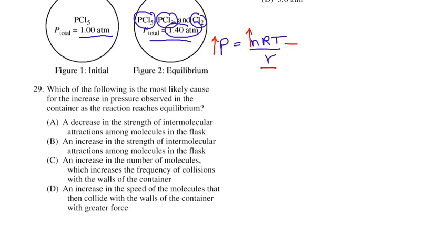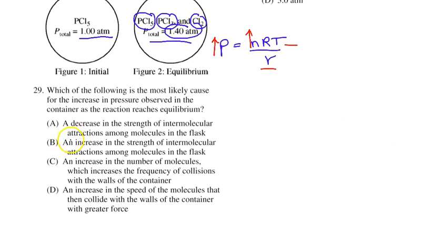Absolutely. So, which of the following is the most likely cause for the increase in pressure? As you increase the number of molecules, the frequency of the collisions with the container walls increases. So obviously 29 is C.